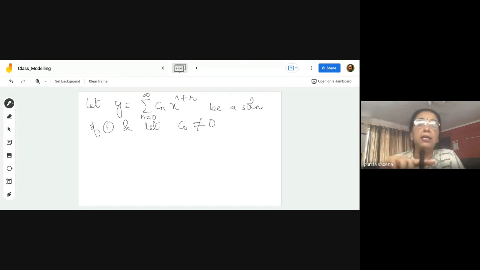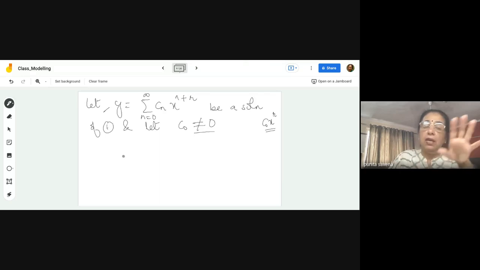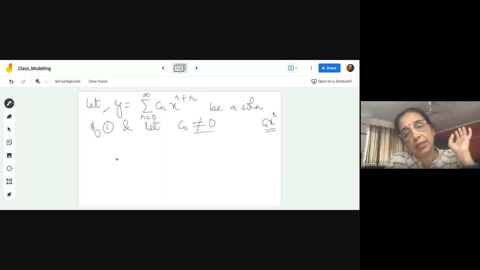But here we are assuming that my C naught is non-zero. So the first term in my series is always going to be C naught x to the power r. How the rest behave, we are leaving for the time being. So these are the two assumptions that I have made: that x equal to 0 is a regular singular point, and that a series of this kind is a solution, where C naught is non-zero.